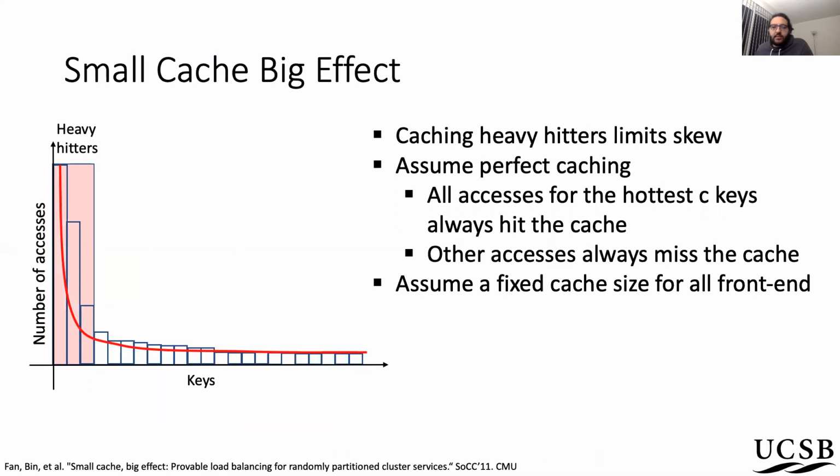However, this work assumes perfect caching, a goal that is hard to achieve on dynamic workloads with changing access patterns. Also, this work assumes a fixed cache size for all front-end servers.